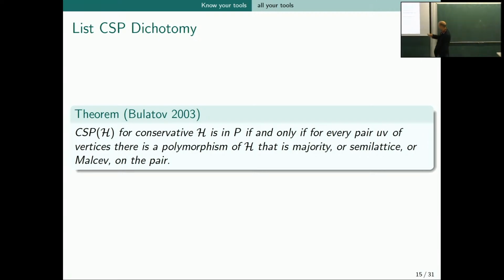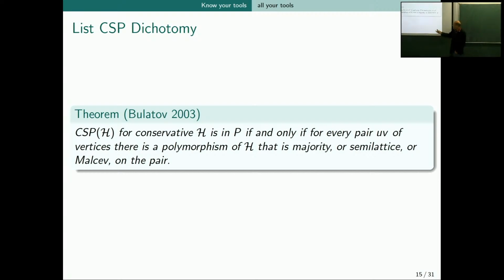So he showed the dichotomy in this case for conservative relational structures. We suspected, but didn't know at that time, that the polynomial cases were characterized by the existence of a weak near unanimity polymorphism.